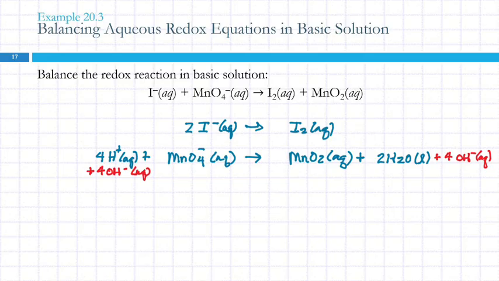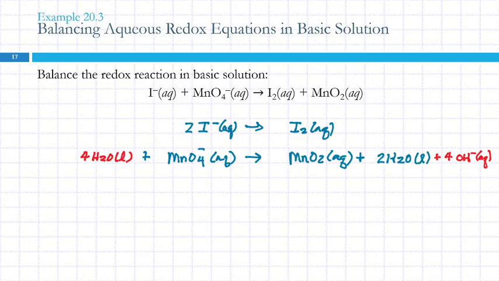When I have 4 hydrogen ions and 4 hydroxide ions, those make 4 water molecules. Everybody okay with that? Okay.